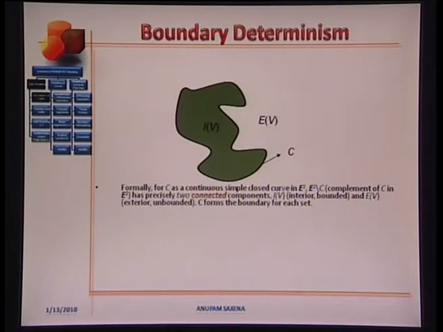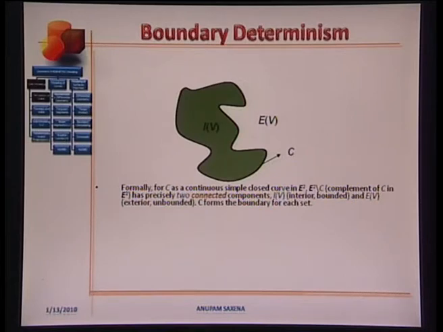Formally, for C as a continuous, simple, closed curve in E2, the complement of C in E2 has precisely two connected components, IV, which is the interior set and bounded, and EV, which is the exterior set and is unbounded.